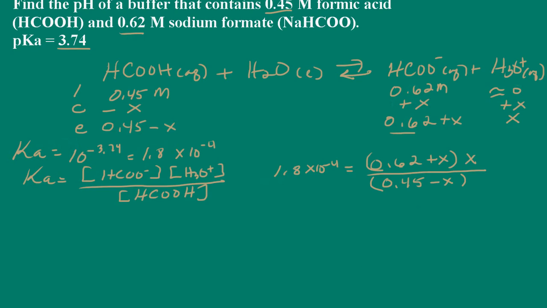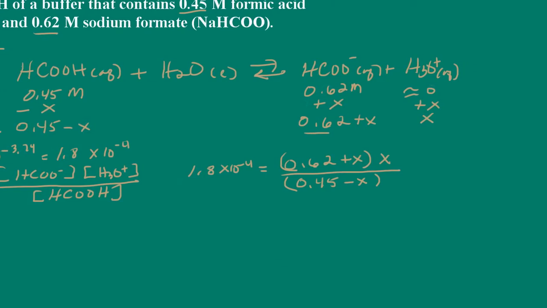So we're going to assume that x is very small and that it can be neglected. So let me go ahead and write that down over here. We're going to assume that 0.62 plus x is approximately 0.62. In other words, that small concentration change is not going to affect the initial concentration, and the same for the concentration of the acid.